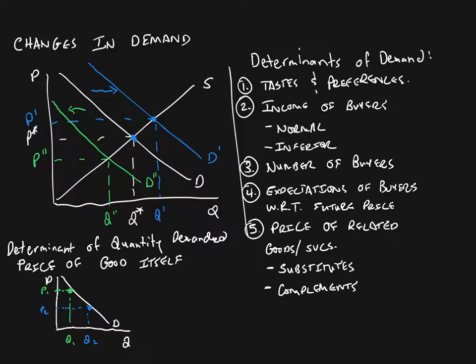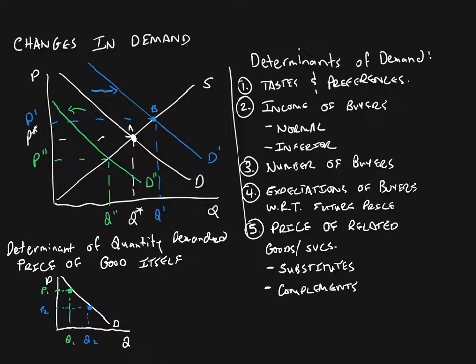So let's think really quickly about how we move from one equilibrium to another. So we saw that if we start out at this original equilibrium in this top graph at P star, Q star, and demand increases, we move from point A to, we'll call this point B. So how does that work? Well, initially what happens is that the price stays the same.